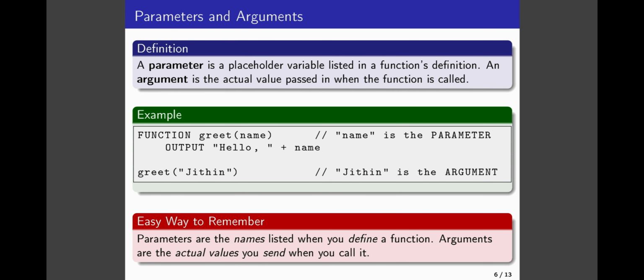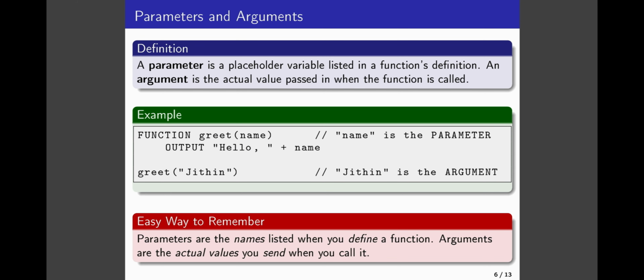Now, two terms that get confused constantly are parameters and arguments. A parameter is a placeholder variable listed in a function's definition. An argument is the actual value passed in when the function is called. We define a function called greet with name as the parameter. Notice at this point, name doesn't have an actual value yet.